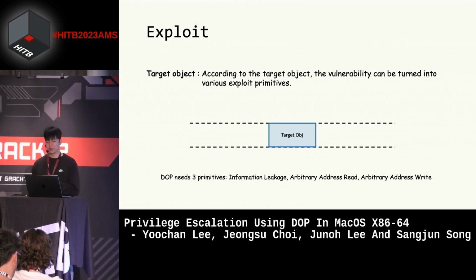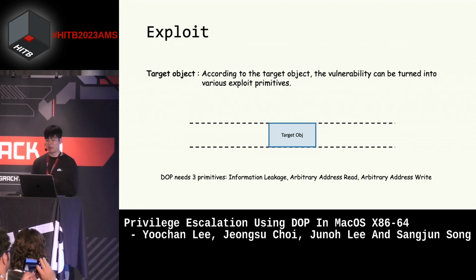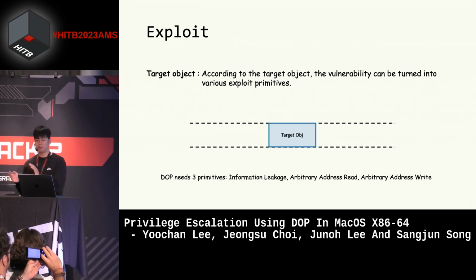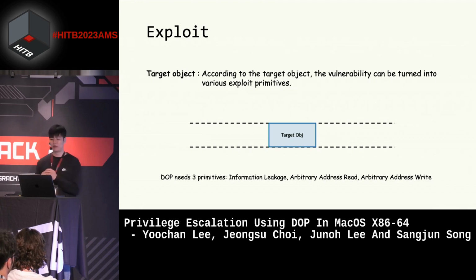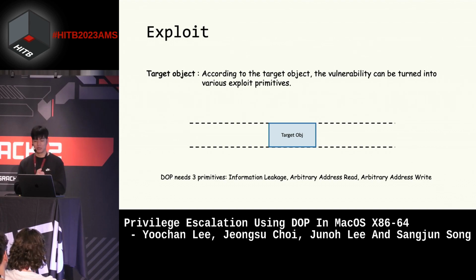Back to the point we discussed earlier, we need 3 primitives to perform a privilege escalation exploit by DOP: information leakage, arbitrary address read, and arbitrary address write. At the time, it was my first DOP exploit, so it took me a while to find the target object.